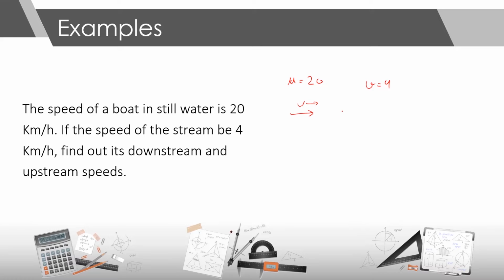So 20, the speed of the boat, plus 4, the speed of the stream, will be 24. And upstream means the boat is moving opposite to the flow of the stream. So it becomes 20 minus 4 and this comes out to be 16. This is how we find downstream and upstream speed if we know the speed of the boat in still water and the speed of the stream.